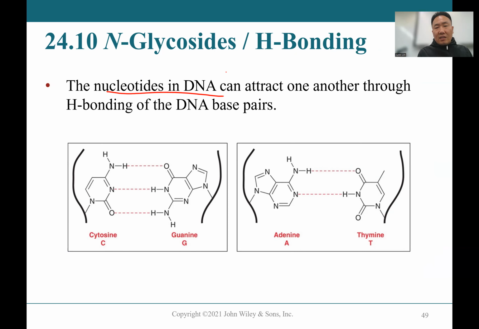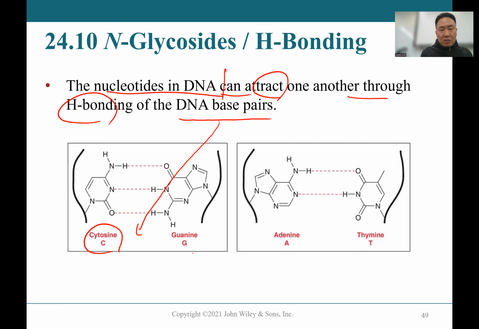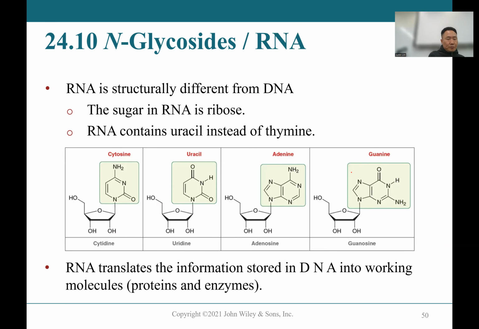Nucleotides in DNA can attract one another through the hydrogen bonds of DNA base pairs. For example, the base pair cytosine, guanine. Can you see the red dotted line? That's hydrogen bonding. And the DNA base pair adenine, thymine, you can see also hydrogen bonding. RNA is structurally different from DNA.